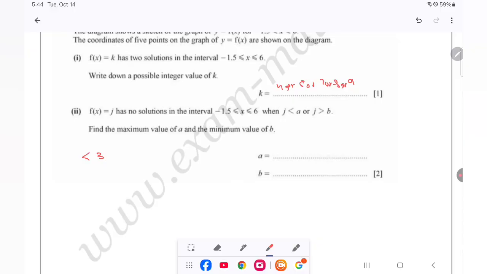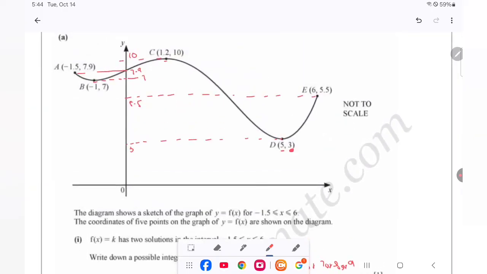So on the 3 lesser, there is no solution, and on greater than 10, there is also no solution. So for A it will be 3 and for B it will be 10. This is our minimum, and this is our maximum.